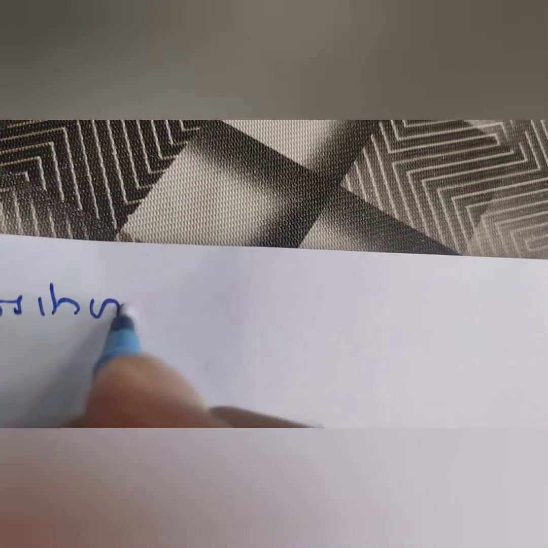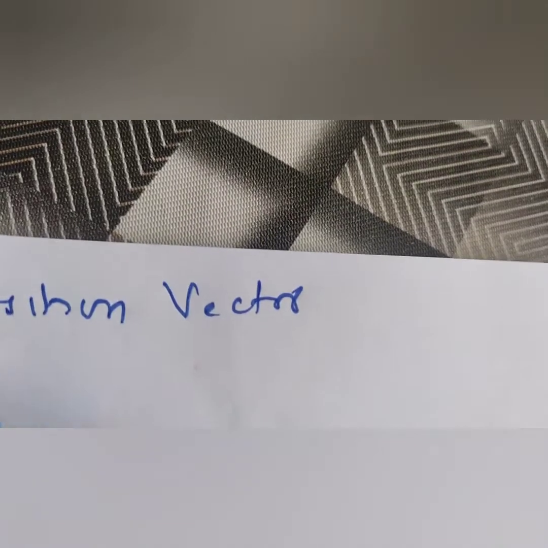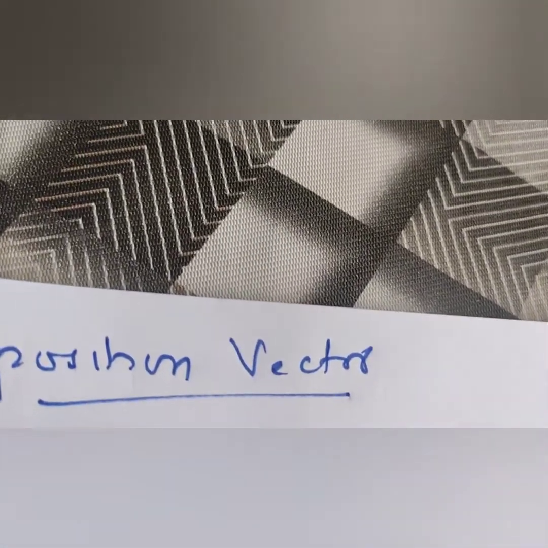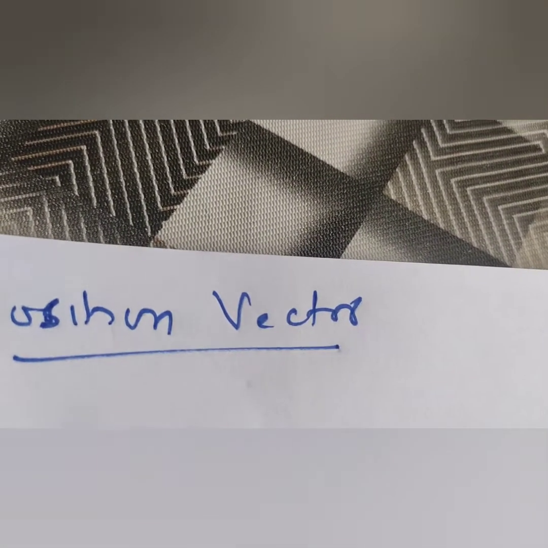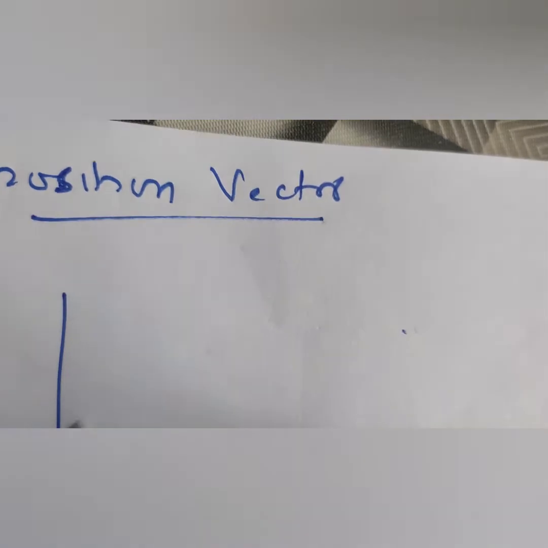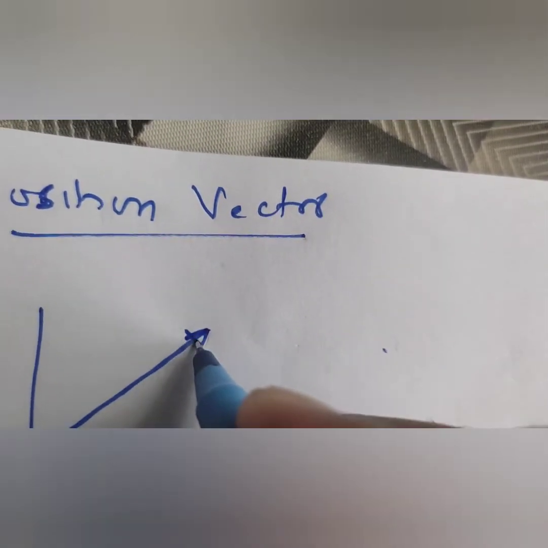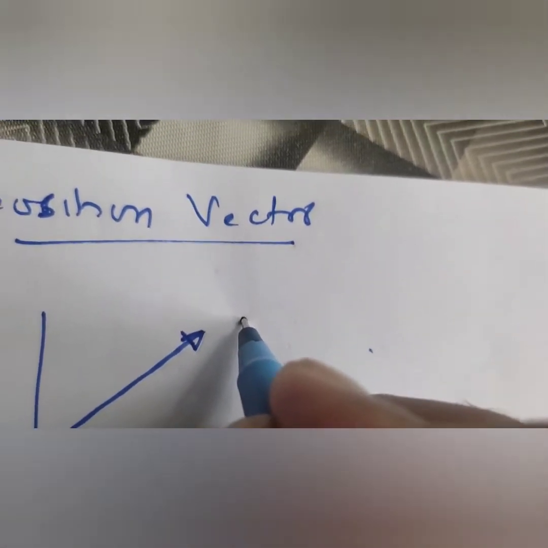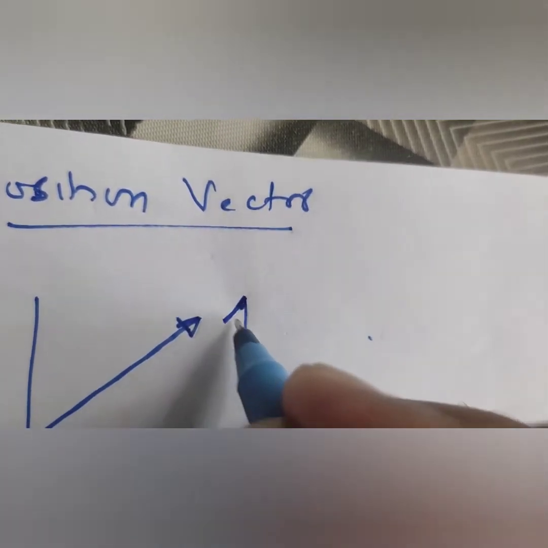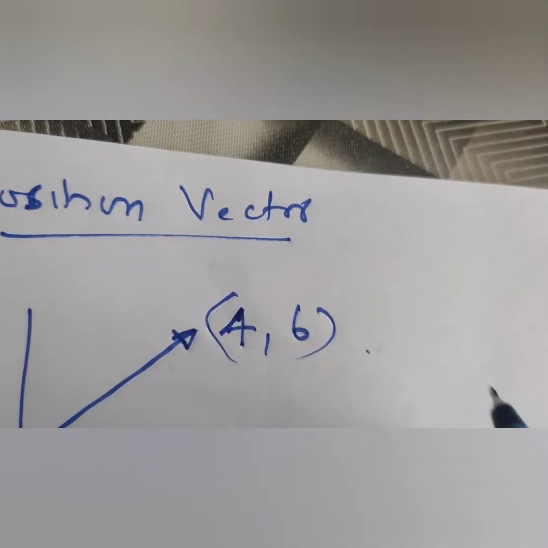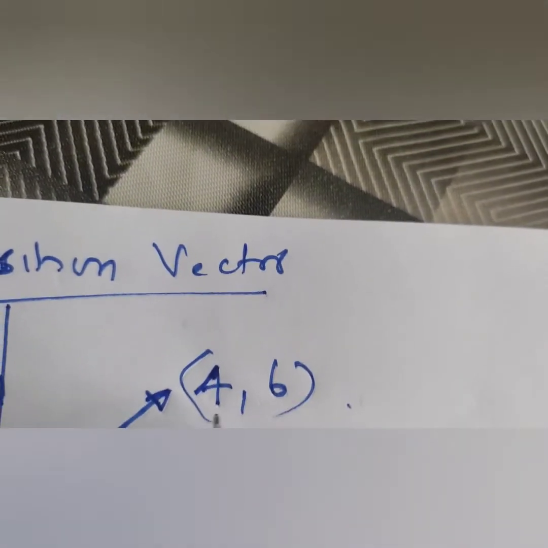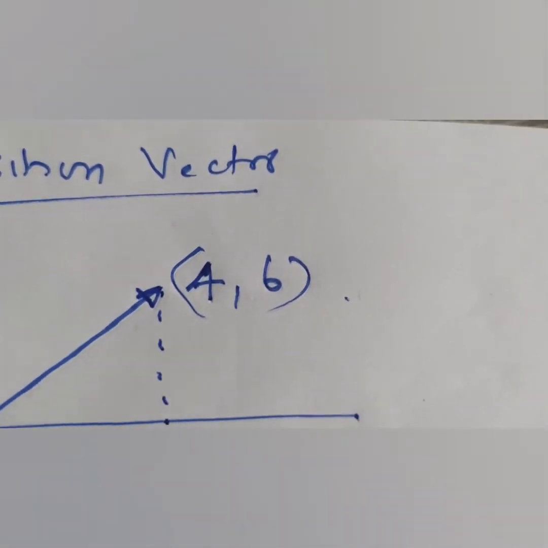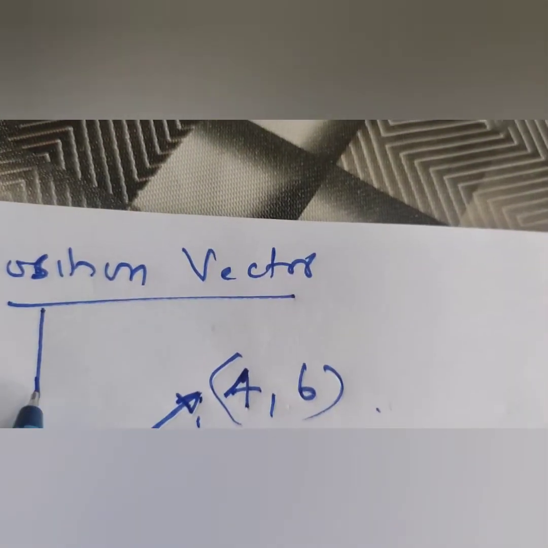Now we see what a position vector is. Let us go to a coordinate system. If OA is a vector and its point is 4, 6, then along the x-axis it is 4 and along the y-axis it is 6.